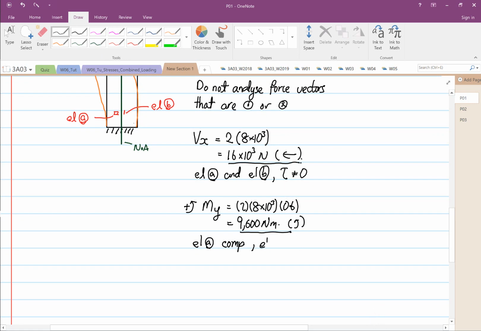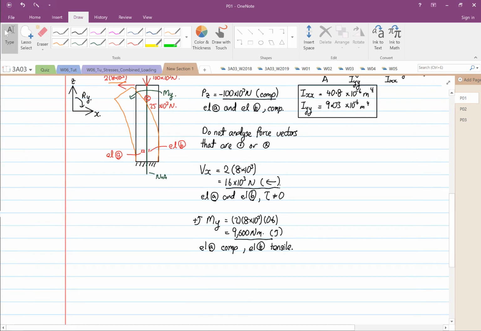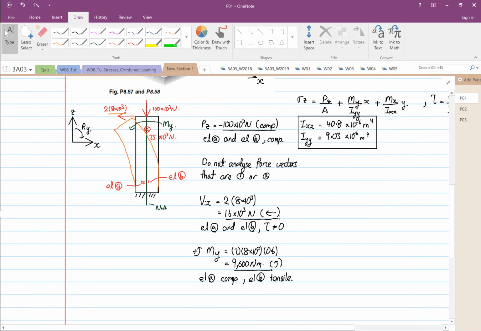Element B, due to this, will be under tension. Do the analysis now, and later it will be easier for you. Looking at this, we have Pz, Vx, My, and there's nothing more to analyze.